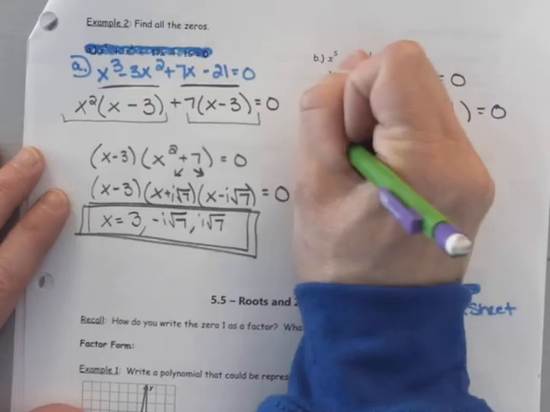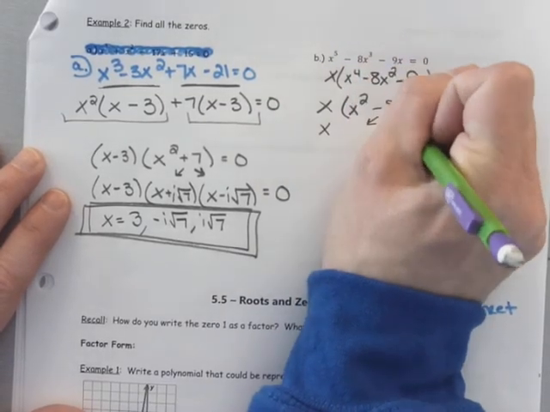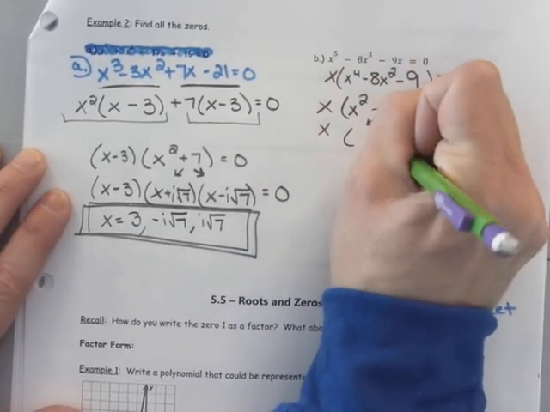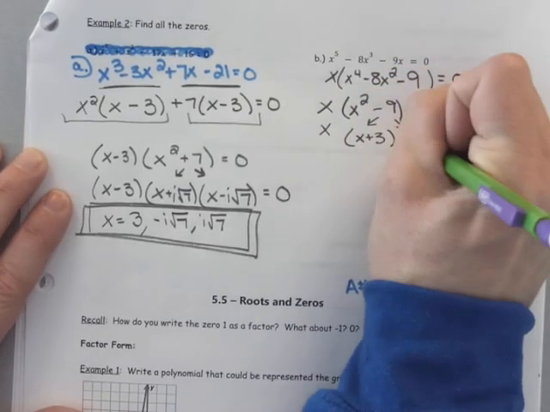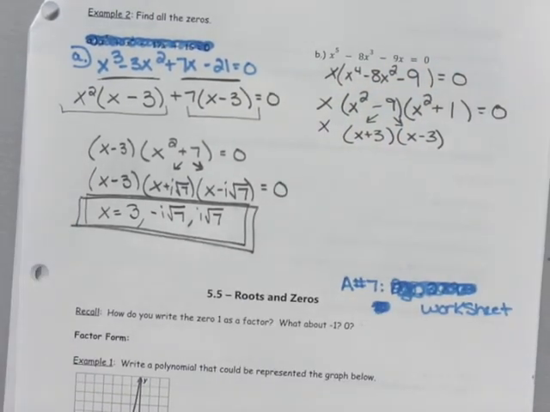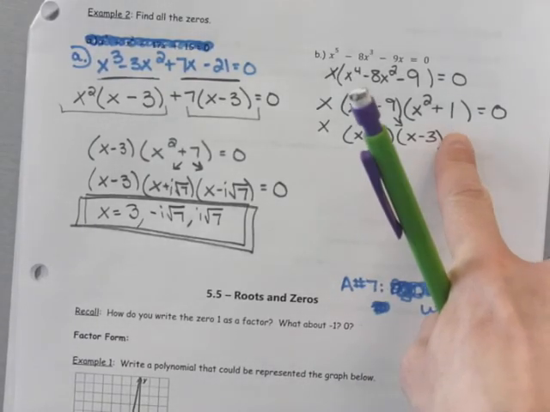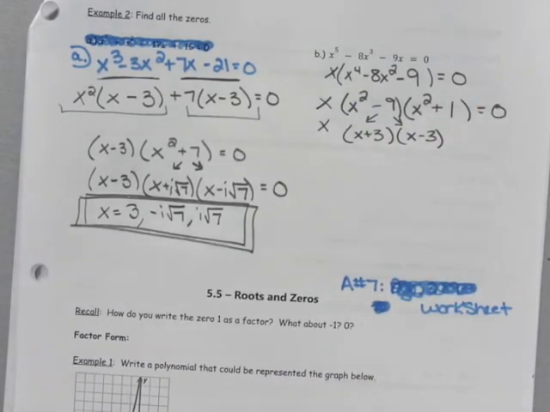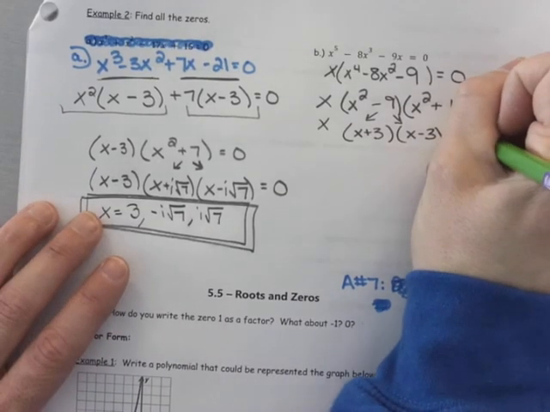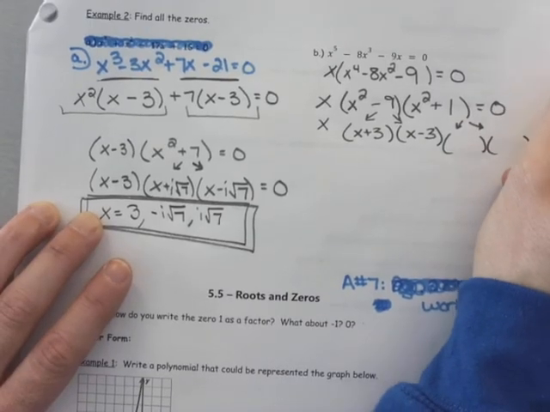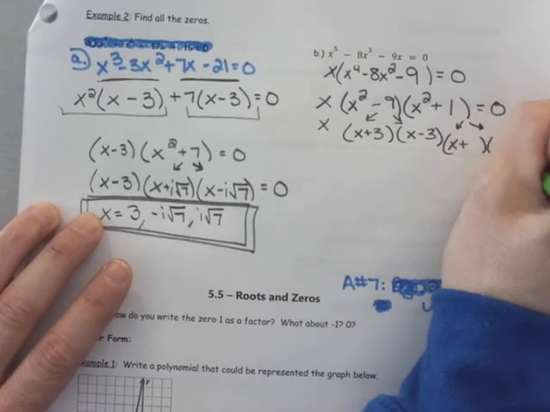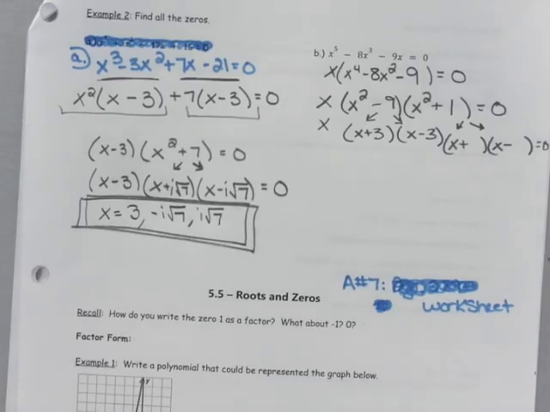All right, one of those is a difference of squares, right? So this will be 2 sets of parentheses, x plus 3, x minus 3. That one's not bad. This one is what from our list up here? Sum of squares. So we're going to do x plus, x minus.